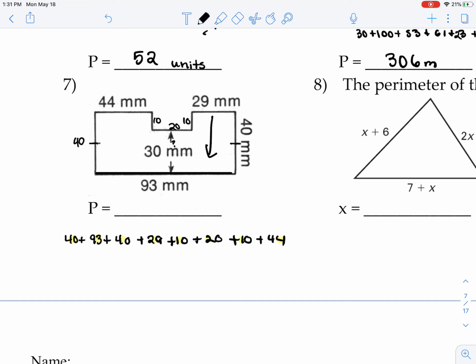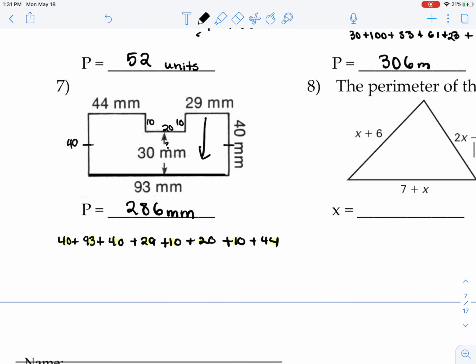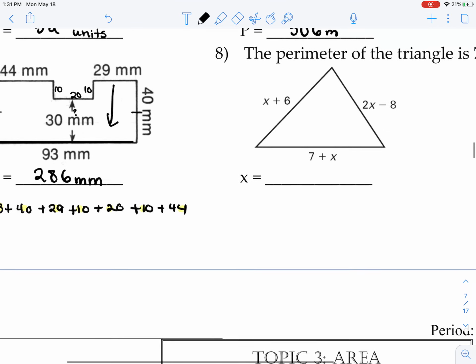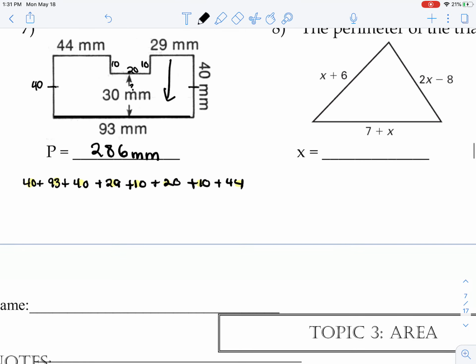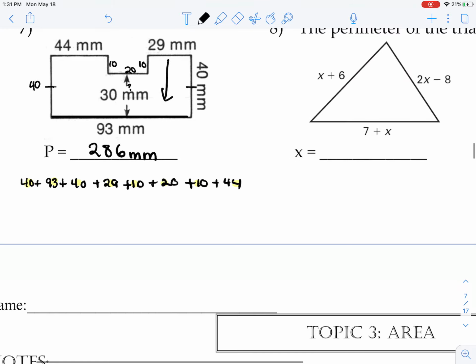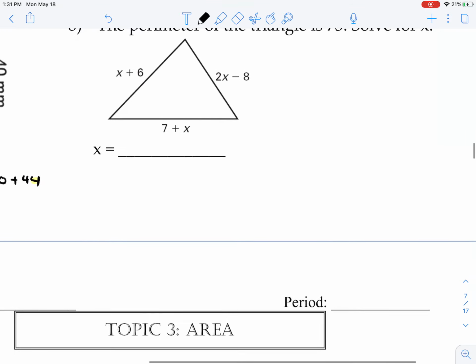So when I added everything together, I got 286 millimeters. Now, everybody makes mistakes, so check my work. Make sure that you got the same thing.